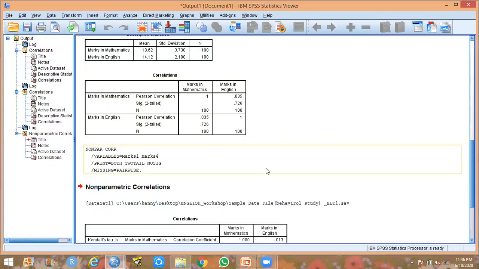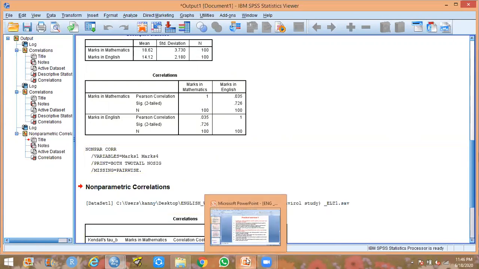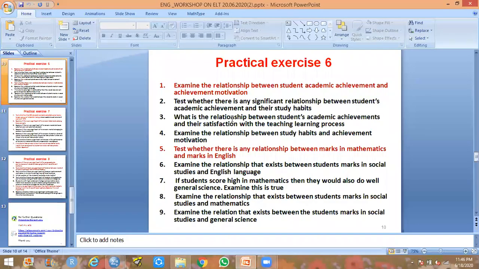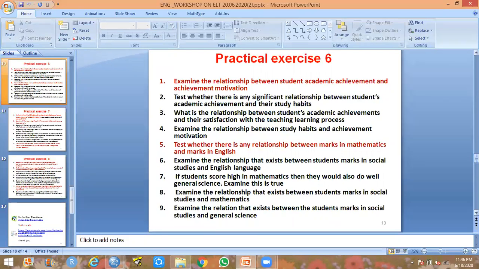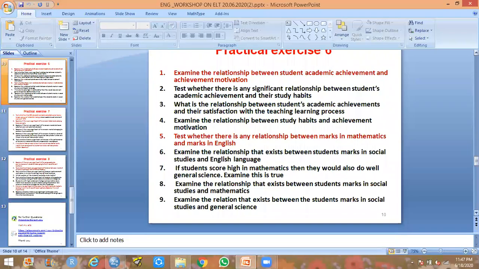Now I go to my practical exercise 7 and mimic with another hypothesis.